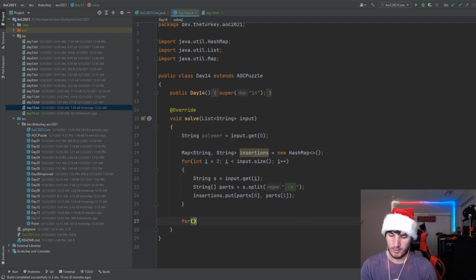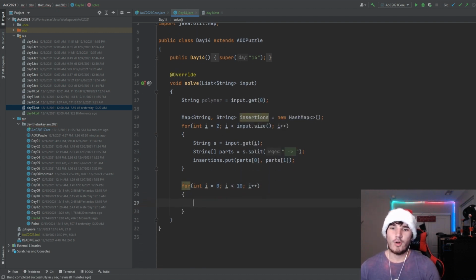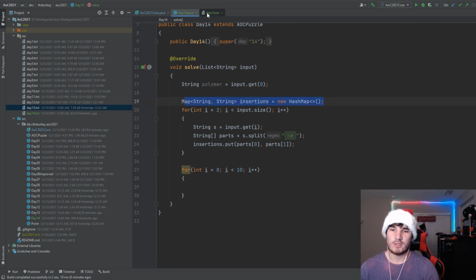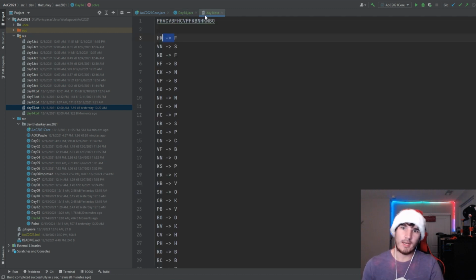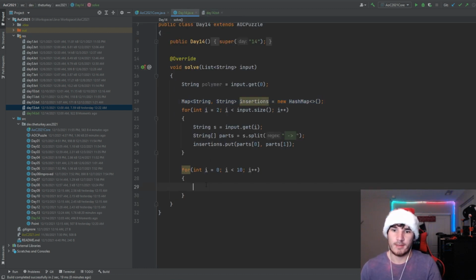So for int i equals 0, while i is less than 10, because it wants us to just do 10 steps. And we're just going to go through all the insertions, find all of the matches, and insert them, as I believe we're going to do.